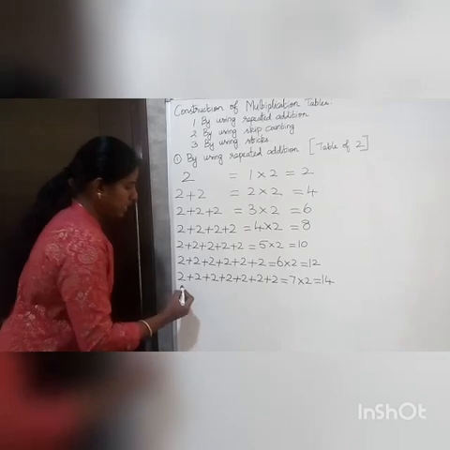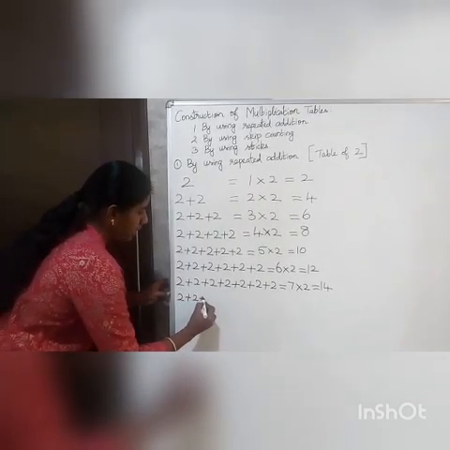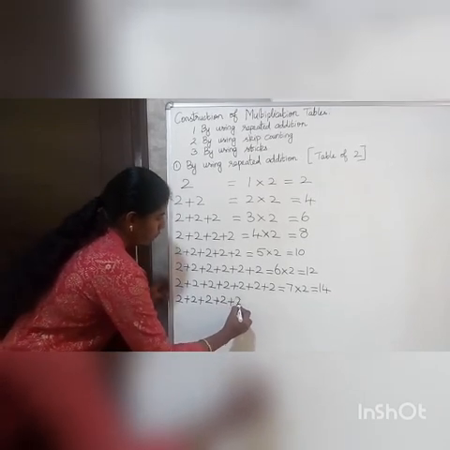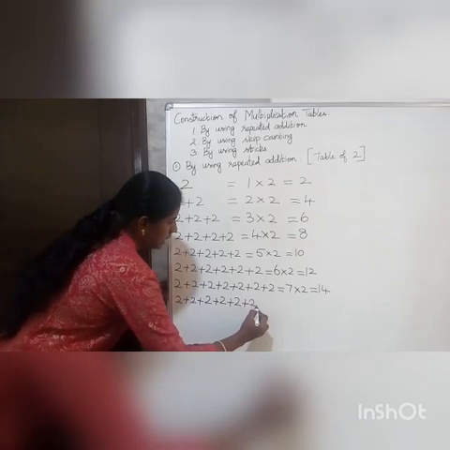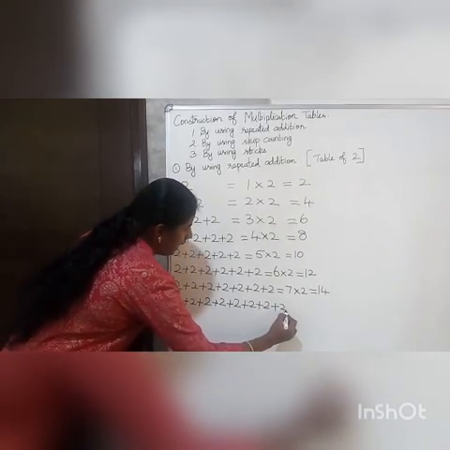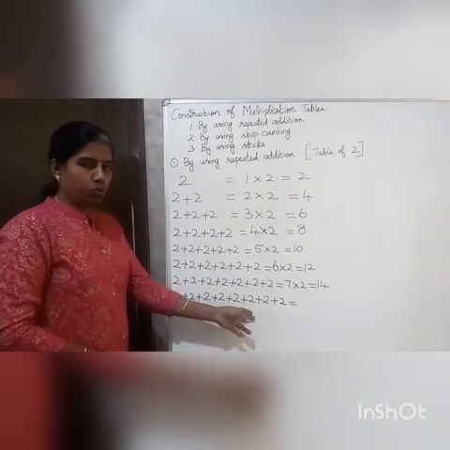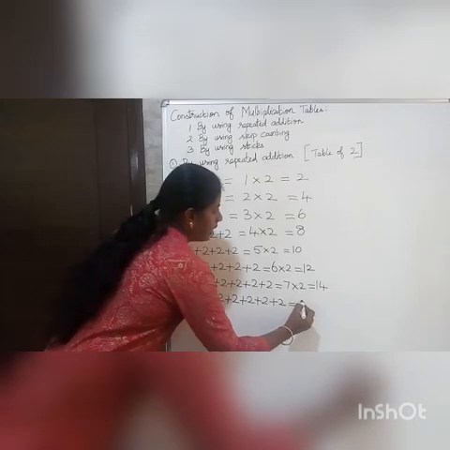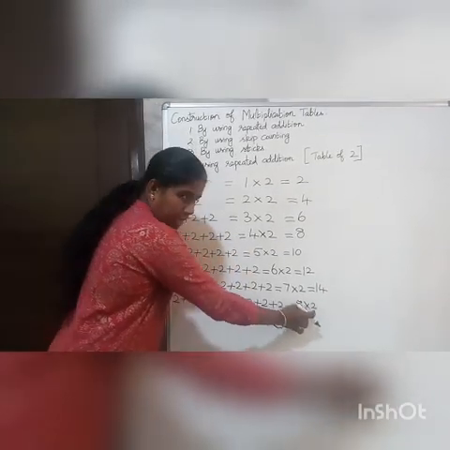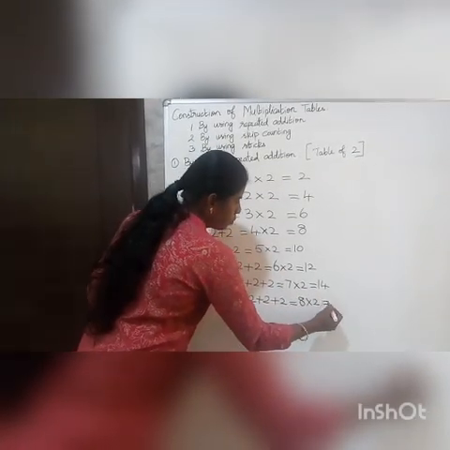Next is 8 times. 1 time, 2 times, 3 times, 4, 5, 6, 7, and 8. So 8 times we are repeatedly adding 2. So 8 times 2, or 8 multiplied by 2, or 8 2's are 16.